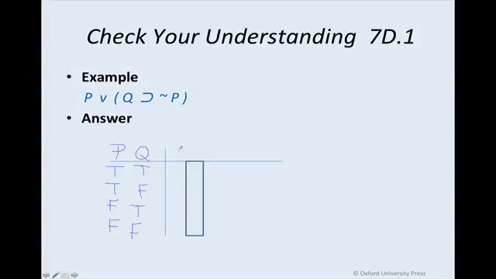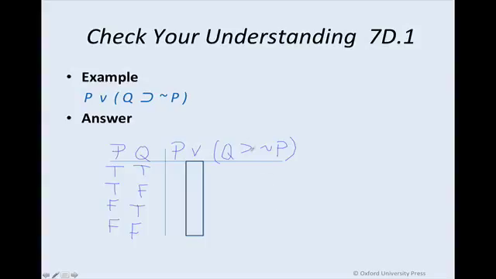Now we're going to set up our sentence in such a way as to highlight the main connective, the main operator. You know that disjunction is the main operator because it's the thing that's holding together all this stuff and P. Another way to think about why this is the main operator is because the operators within the parenthetical can't be the main operator.